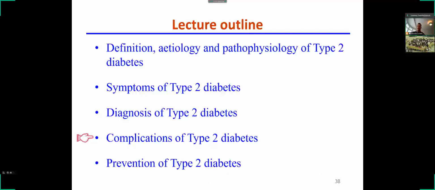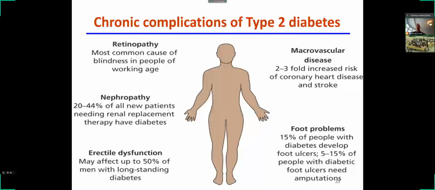So what about some complications? What happens to these patients, and what starts to become more and more of an issue, and why does it cost so much to treat these patients? Well, the most common cause of blindness in people of working age is actually due to retinopathy, and it is a common chronic complication of type 2 diabetes.